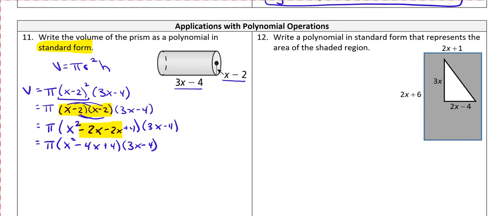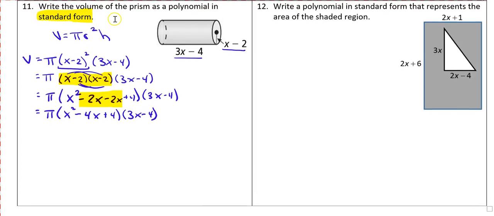Now again, if you like the box method, you can use the box method. If you like my version of stacking, you're welcome to do that, or you can just write them next to each other. Completely your call. I'm probably going to do a little stacking just because that makes sense for me. So I'm going to do x squared times 3x, which is going to be 3x cubed. And then I'm going to have negative 4x squared. And then I'm going to do negative 4x times 3x, which is negative 12x squared.